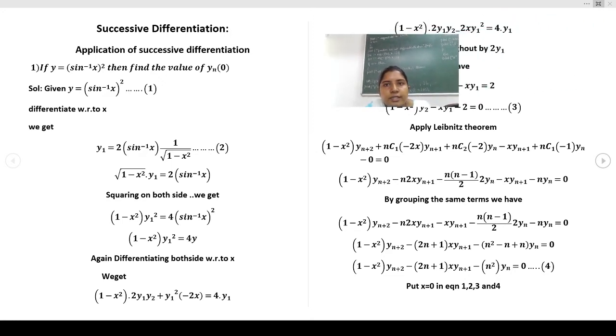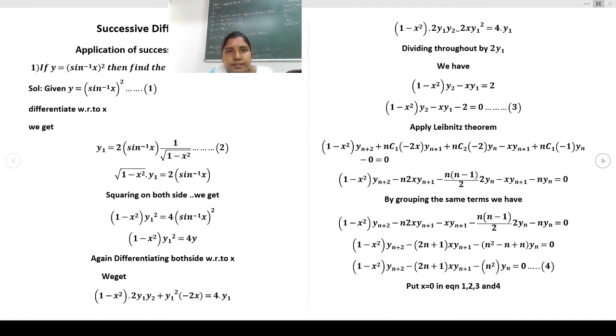Next, look here: 1 minus x square into 2y1 into y2. Plus into minus is minus 2x into y1 square equals 4y1.